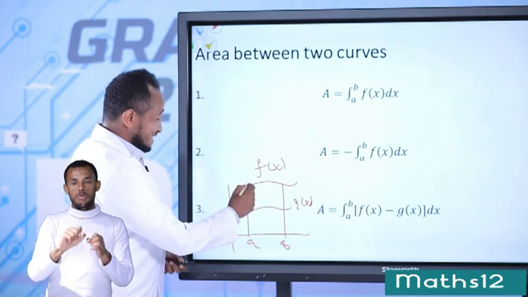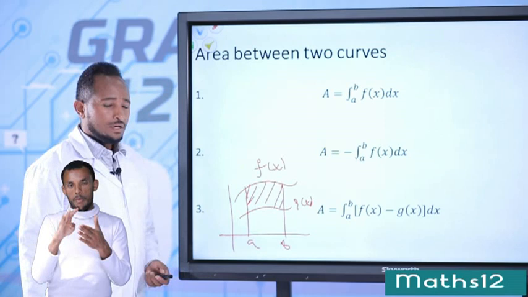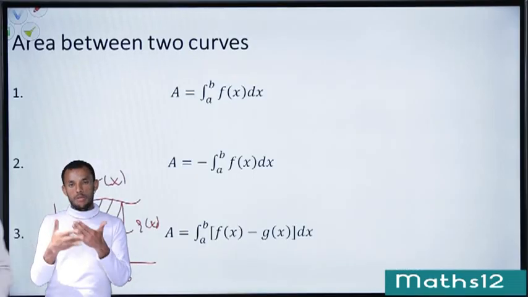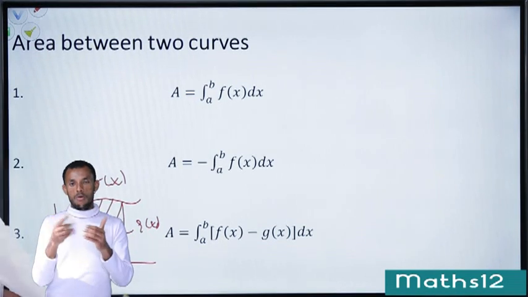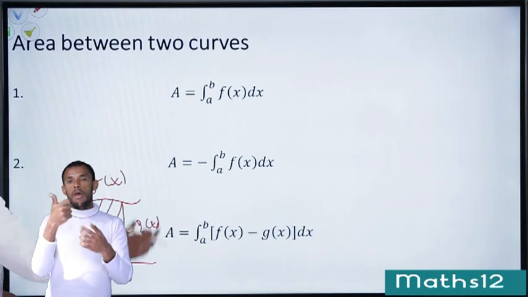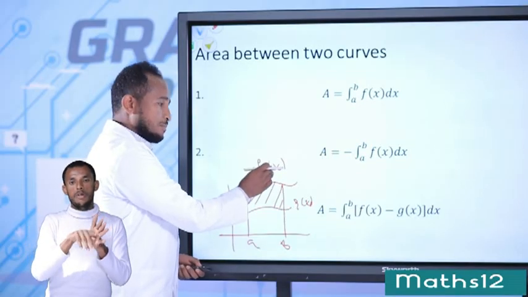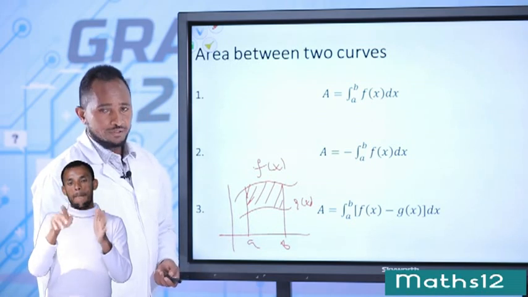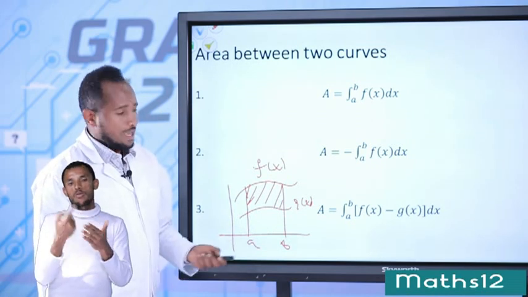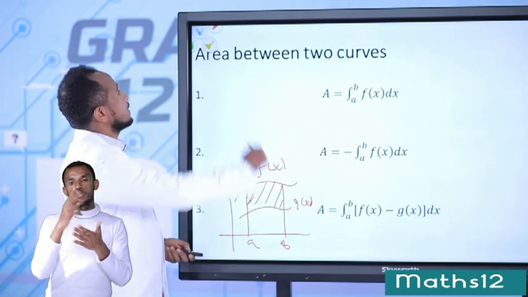So to calculate the region bounded by these two curves, this area, simply you apply this formula. So area is equal to the integration from a to b of f of x minus g of x, upper function minus the lower function. So we apply this formula to calculate the area between these two functions on interval a to b.